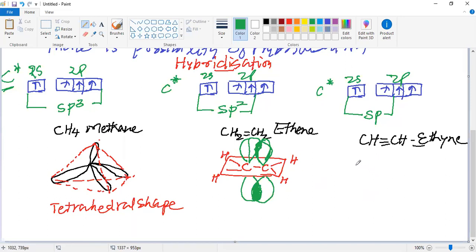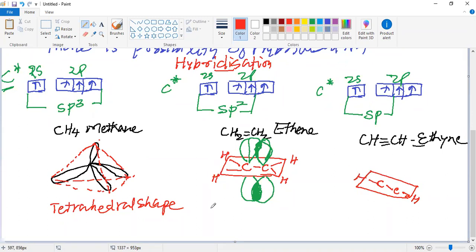But dear students, when it comes to ethyne, where we have the sp hybridization, what we find is that we have these bonds. We have the bonds of this carbon and hydrogen in the same plane, and we get the linear shape.